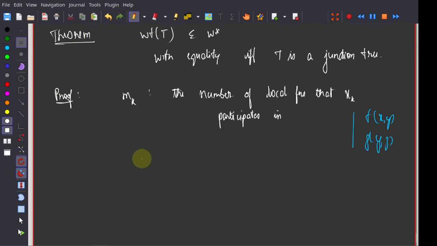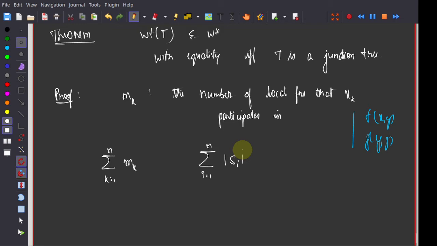Now, what can we say about the summation k equal to 1 to n of mk, in relationship with the following quantity, the summation over i of the size of Si?